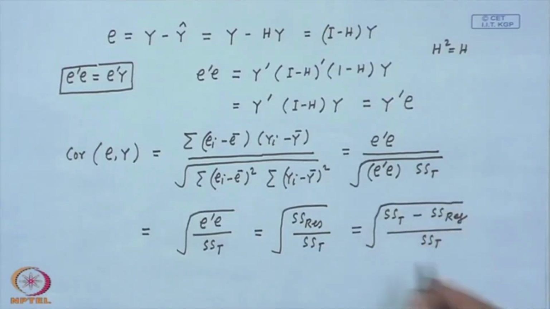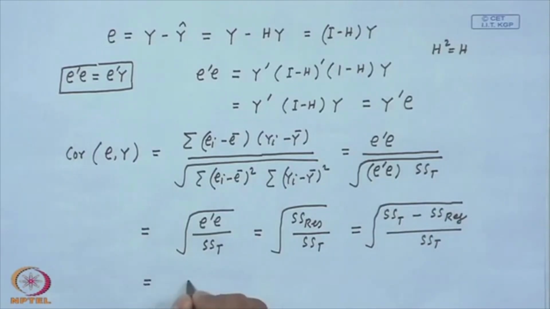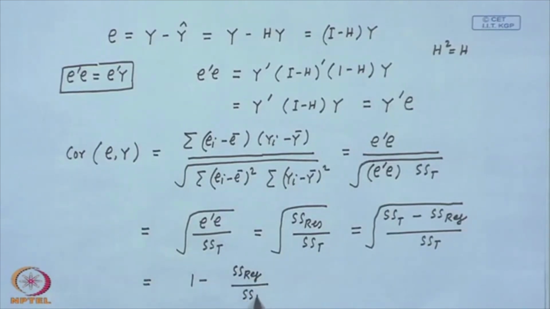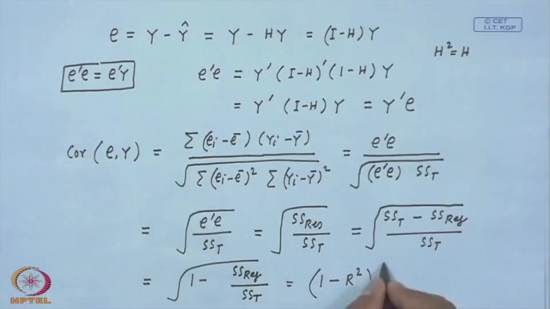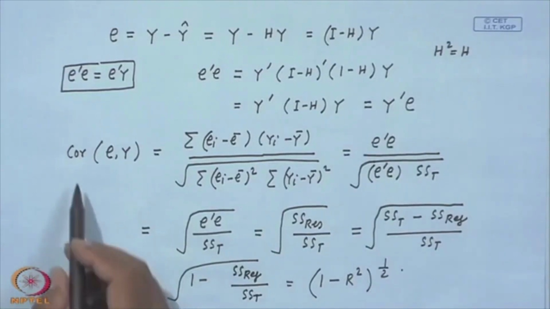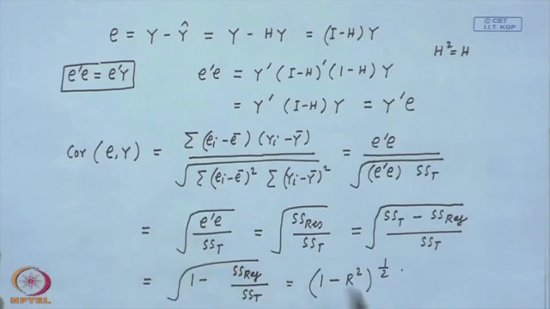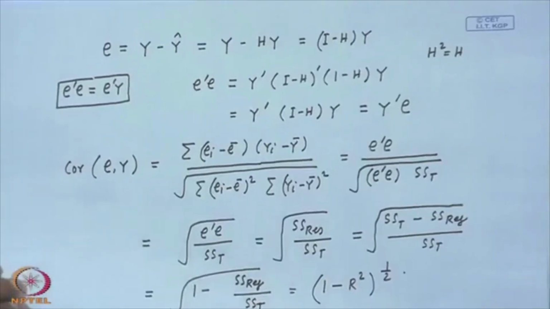So, we are almost done, and then this can be written as 1 minus SS regression by SST. Okay. So, this one is R square, so 1 minus R square. So, we proved that the correlation between E and y is square root of 1 minus R square.